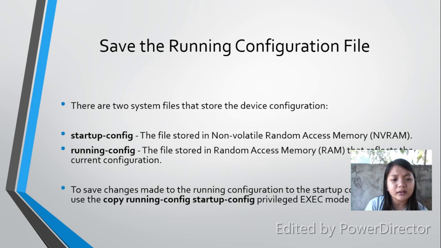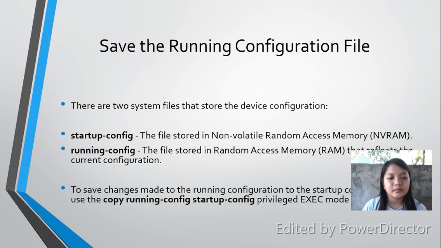Then the running config is stored in random access memory, the RAM, and reflects the current configuration. The current configuration that you are doing is saved in the running config. Also here, if the computer is turned off, it will be erased. That's why you need to save it in the startup config.